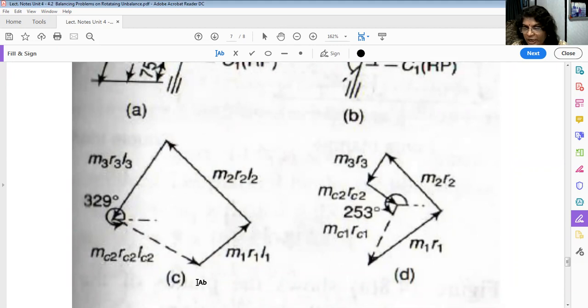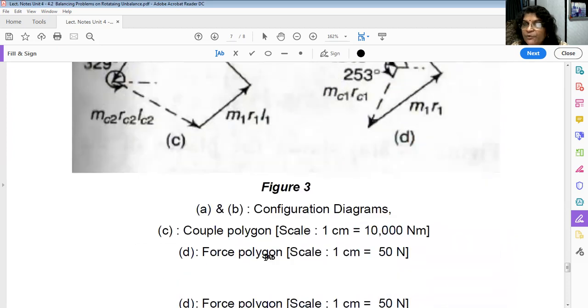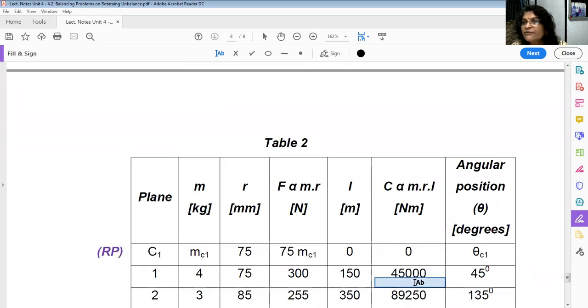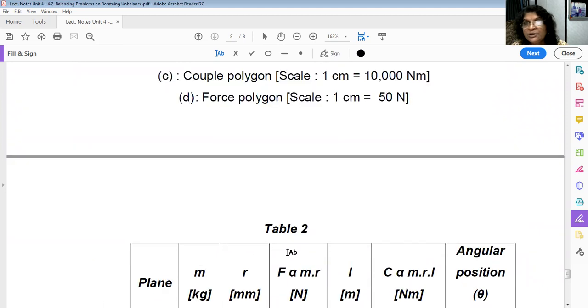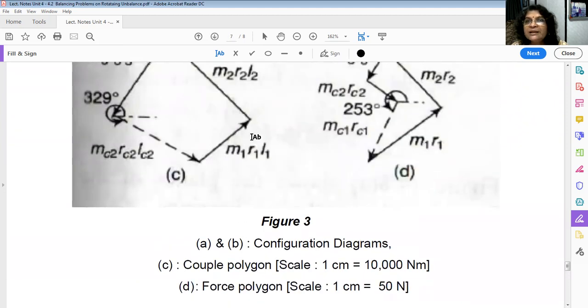Take initial point O, and from O draw a vector at an angle of 45 degree from the positive x-axis. How much is the length? 4.5 centimeter. That represents 45,000 Newton meter. So that is nothing but M1, R1, L1, whose value is 45,000 Newton meter. Understood? How we have drawn the first vector?